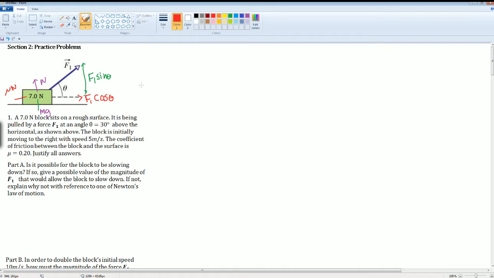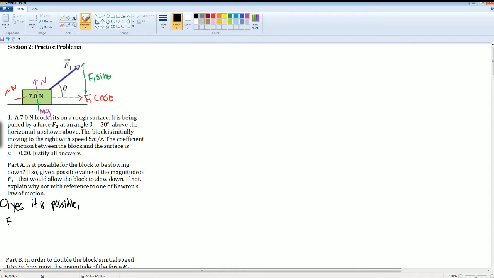There's two parts here. All right, so first, is it possible for the object to slow down? Yes, it is. So we would say yes, it is possible. This is our claim.